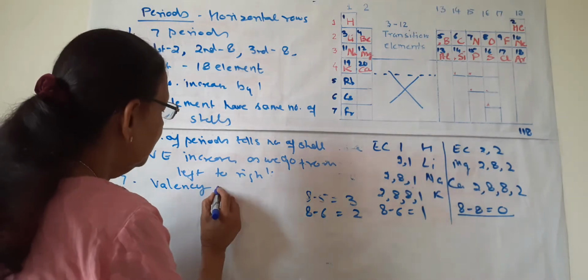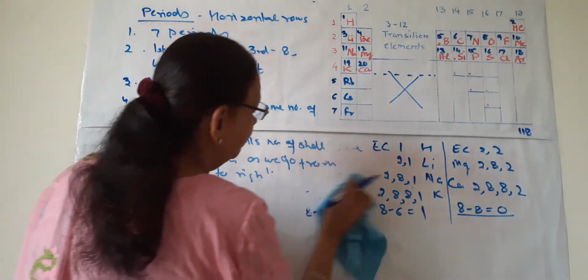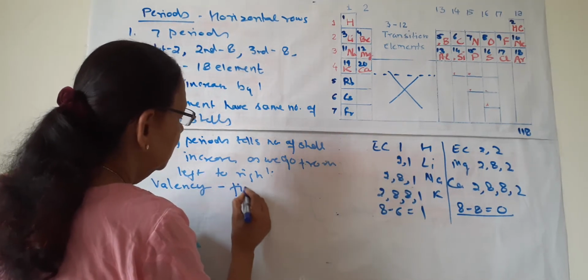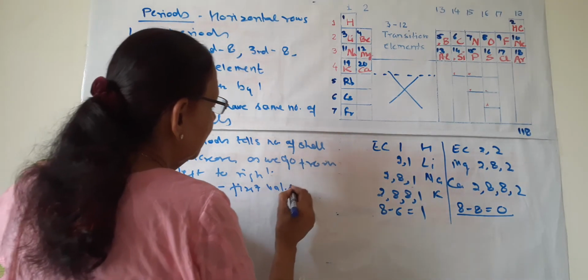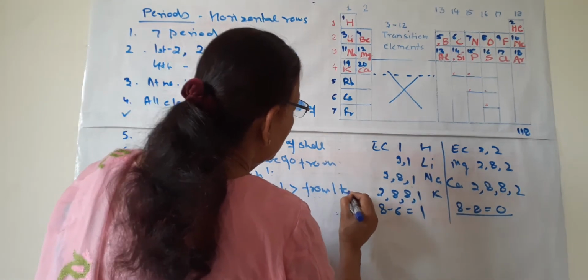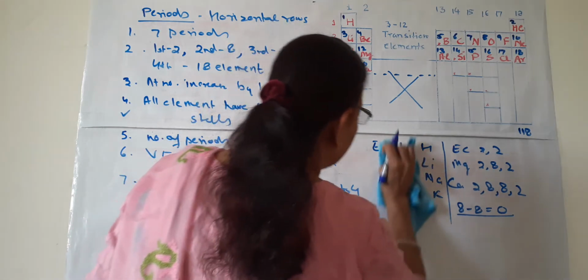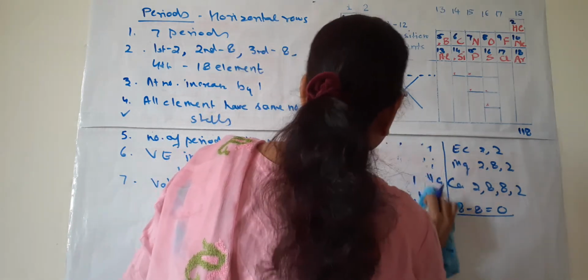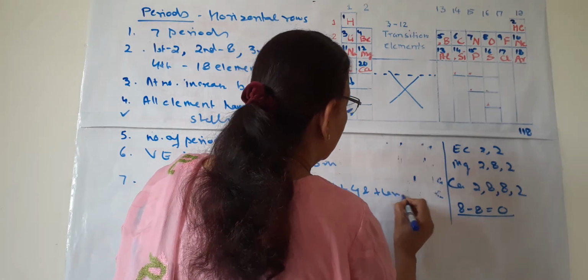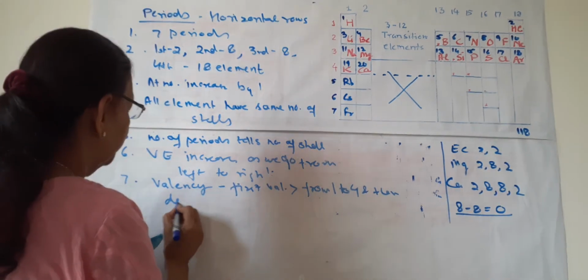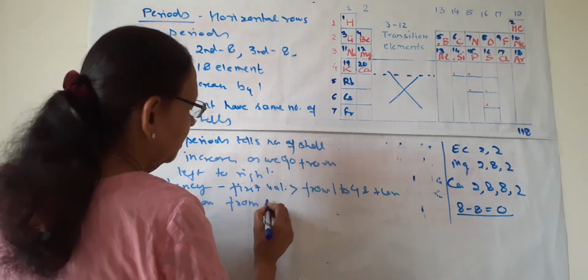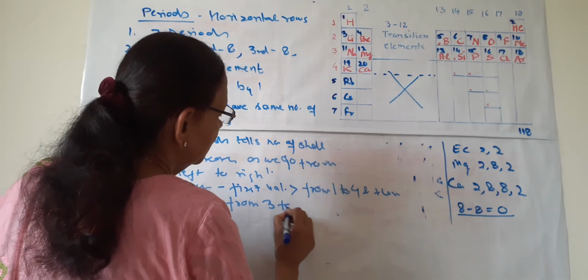So as we go from left to right in a period, first the valency increases from 1 to 4 and then it decreases from 3 to 0.